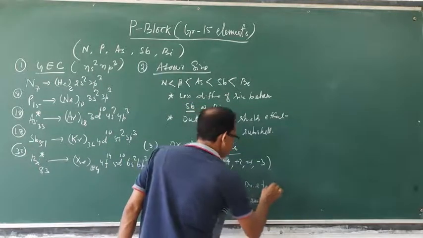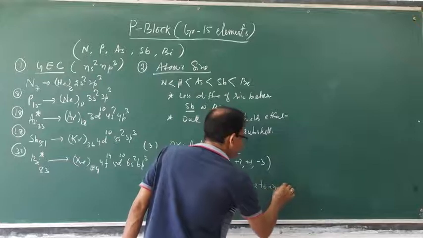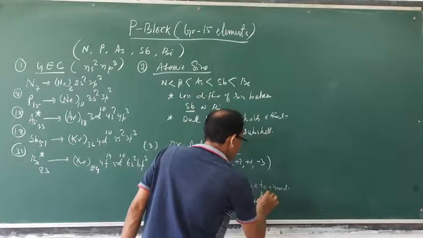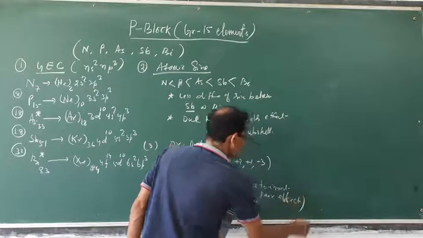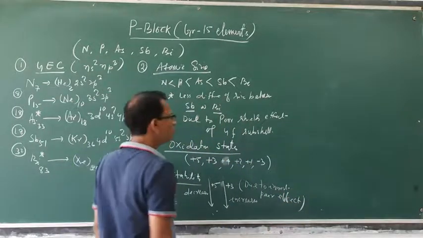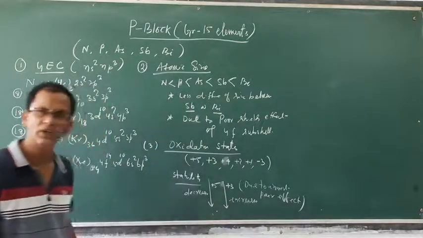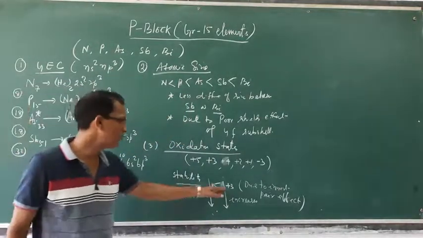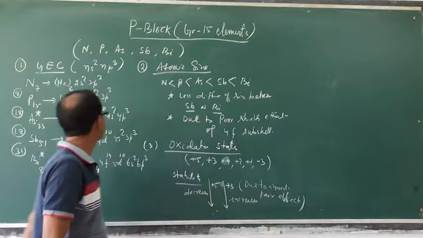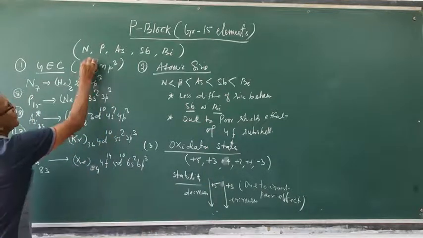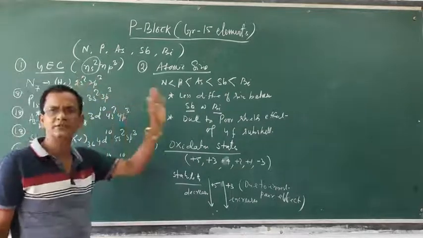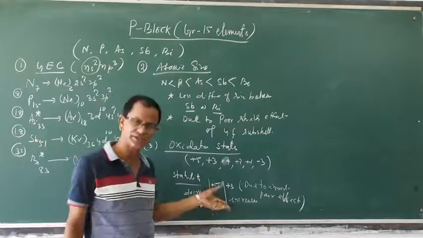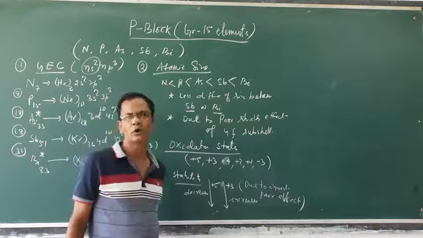Due to the inert pair effect, the stability of plus 3 increases because the ns2 electrons have less tendency to participate in bond formation from top to bottom.